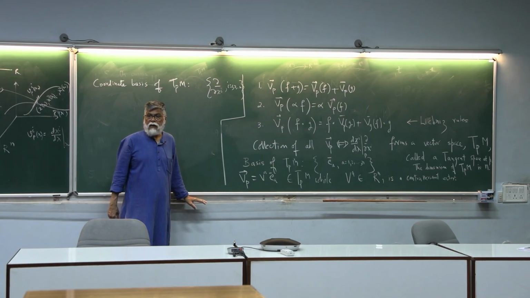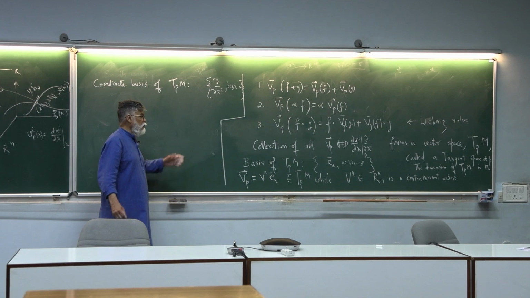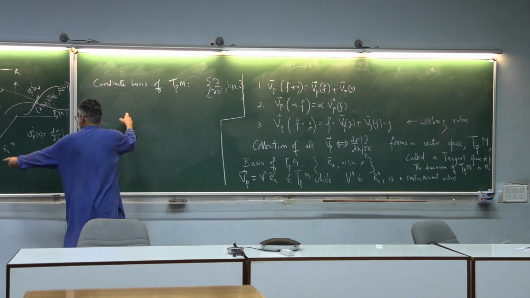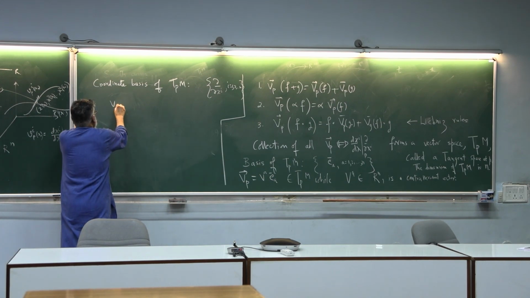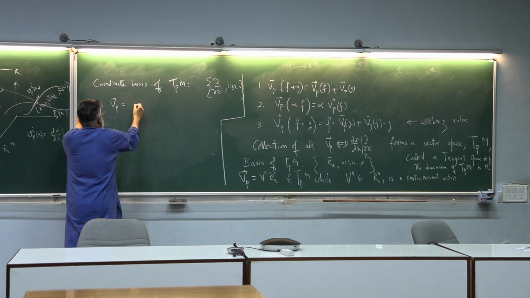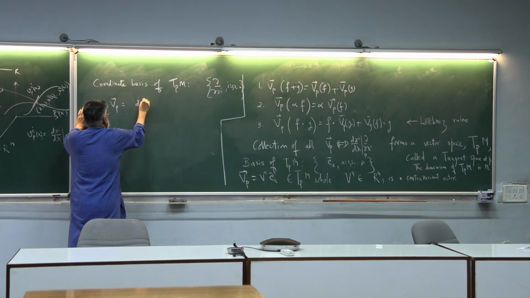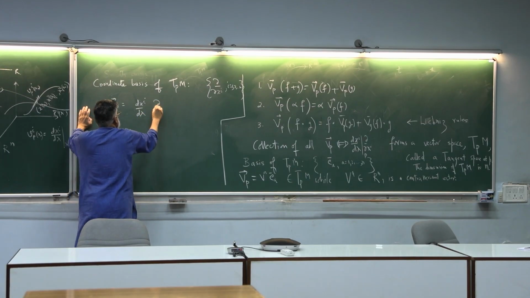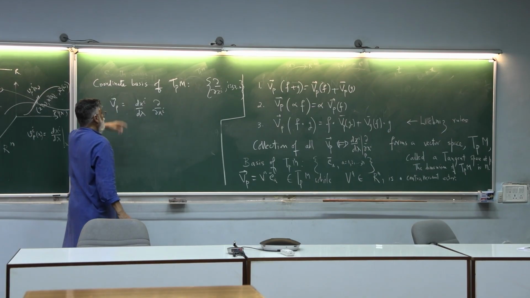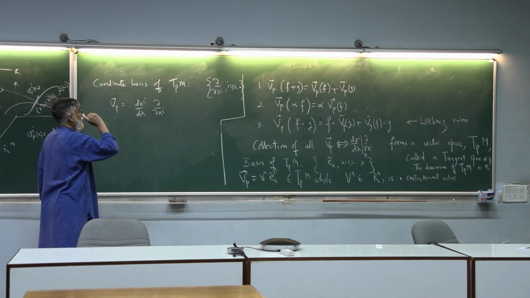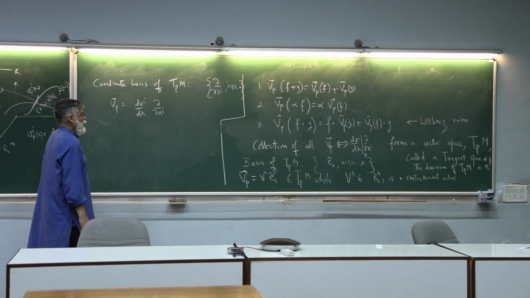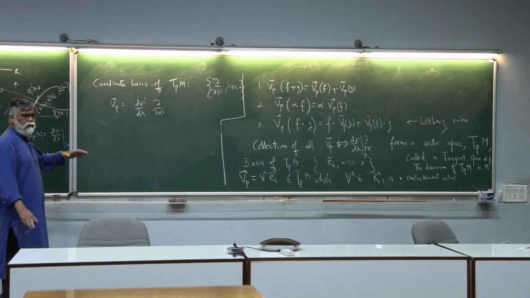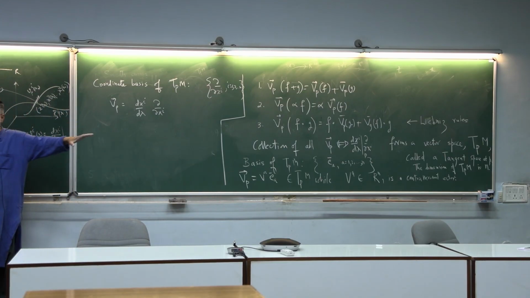Okay. And therefore, any vector, as we have already written, V_p, any vector, can be written as dx^i by d lambda, del by del x^i. That is how we began. i is being summed over, and this is called the coordinate basis. That is a natural basis, and in this course we will only use the coordinate basis.